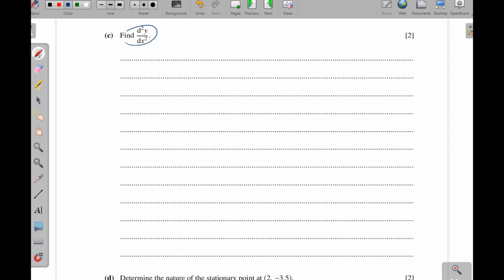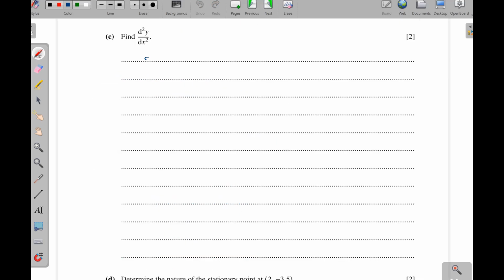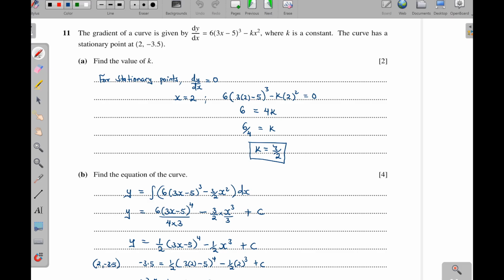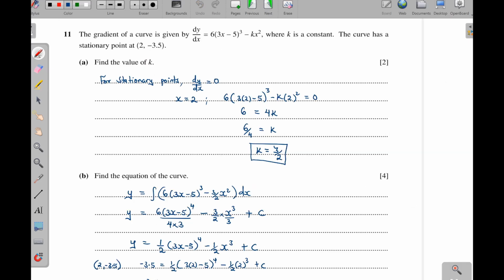Part C, find the second derivative. Now, when we go back here, our stationary point, our dy dx is given by this, right? So we have dy dx is equal to 6 into 3x minus 5, then power 3, then minus, our k is 3 over 2.